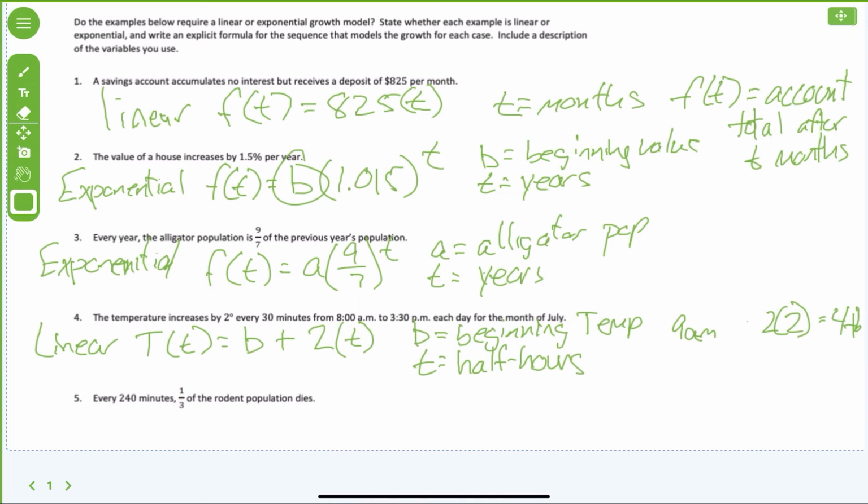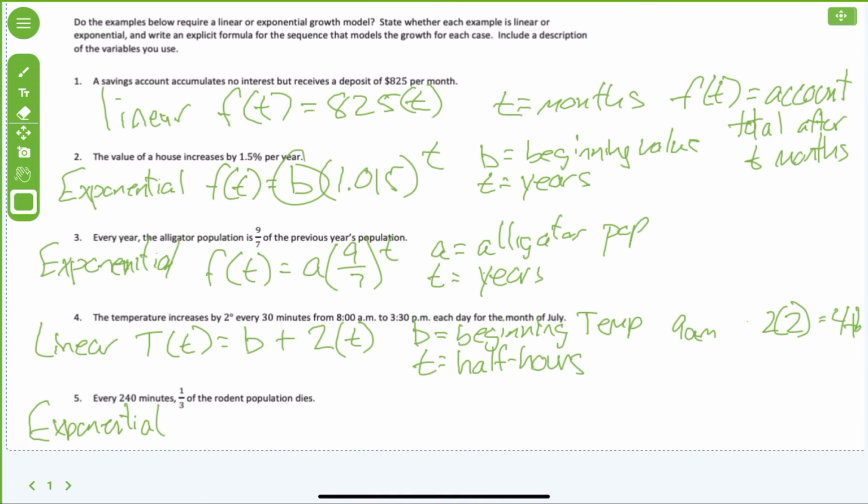All right, let's keep going. Number 5 says every 240 minutes, 1/3 of the rodent population dies. Okay. Anybody want to tell if that's linear or exponential? Good. Faith, Jaden, and somebody else all said it was exponential. Good. Now, this is the part y'all struggle with, right?